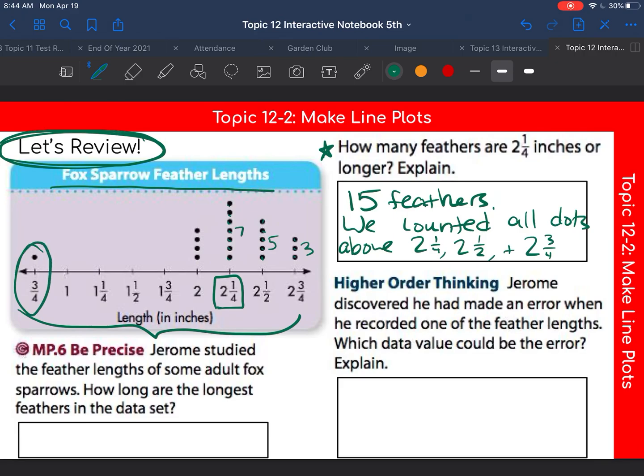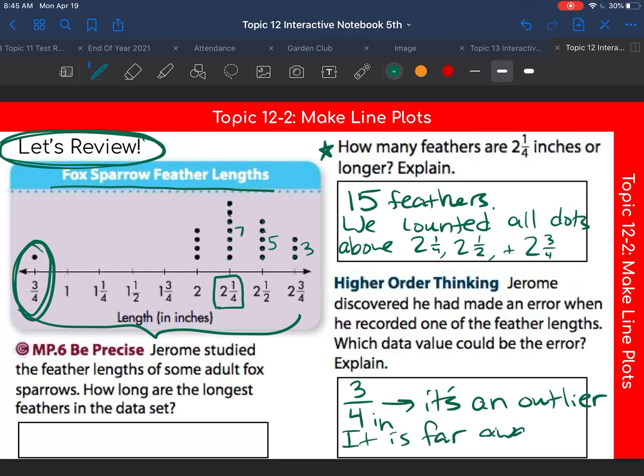Well, this 3/4 feather length seems to be an outlier. It is far away from the other lengths, and again, it may be an error because it stands far away from everything else.